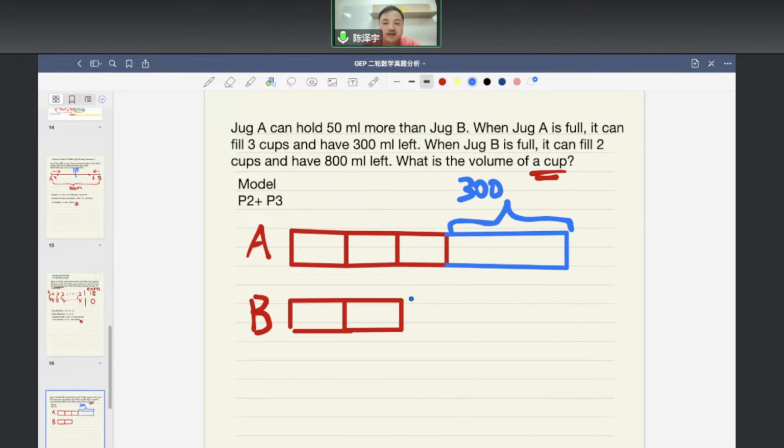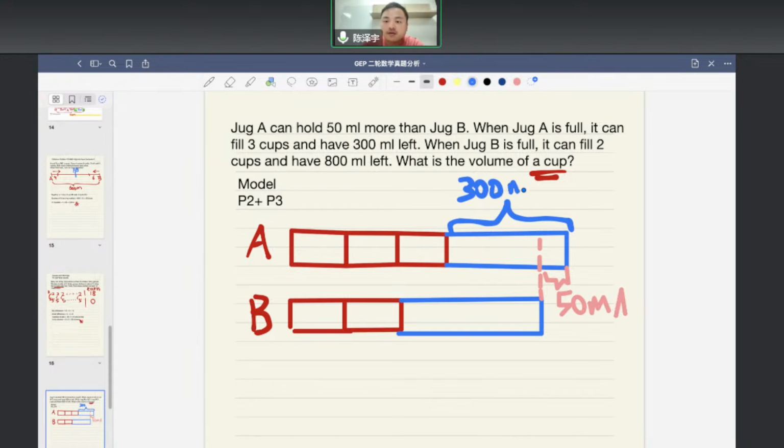So how do I draw the 800 ml? From the question, you know that A can hold 50 ml more than B. So even with the 800 ml, the total length of B should be less than the total capacity of A. Then we can mark in our model that this part represents 50 ml.